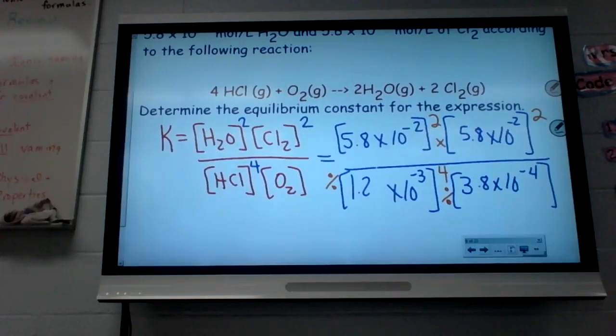It keeps saying error. Divided by 1.2 second EE negative 3. Now I've got to use my up caret key for the 4. Divided by 3.8 second EE negative 4.